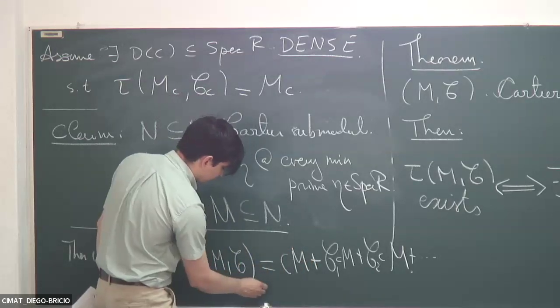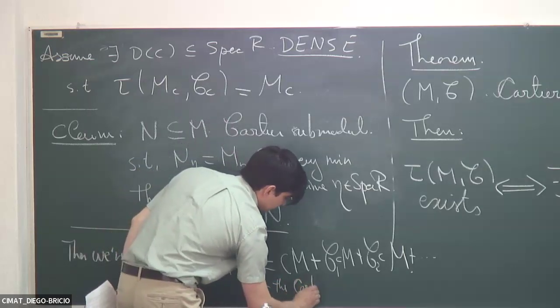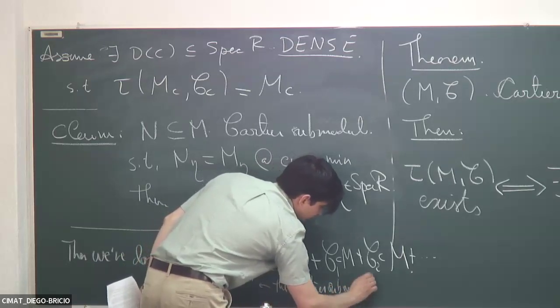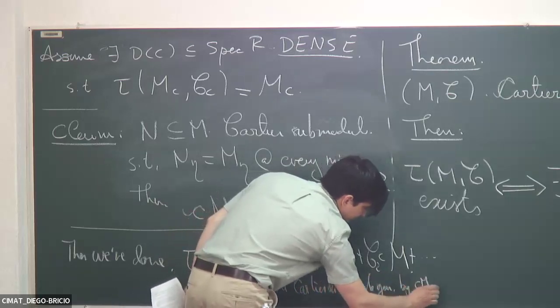In other words, this is the Cartier module generated by Cm.